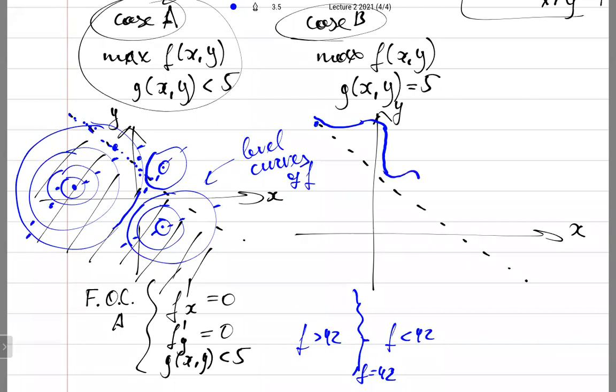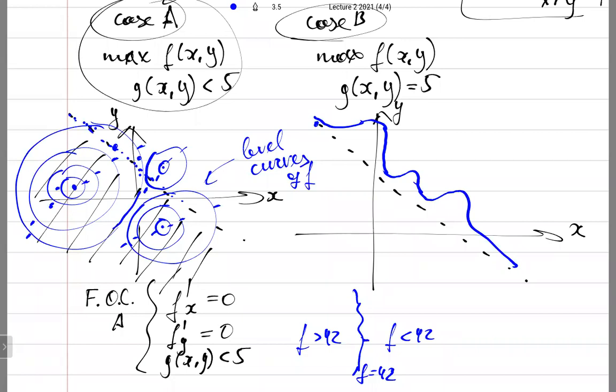And when I continue, once again I enter the third hill and it goes down. So this is a profile of my function when I move along my line.